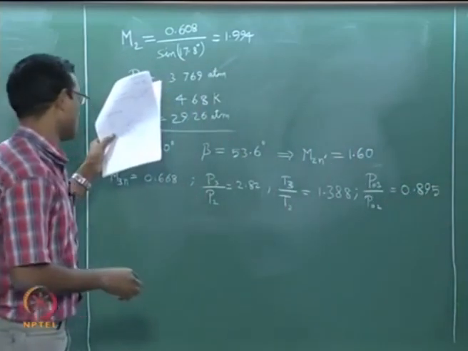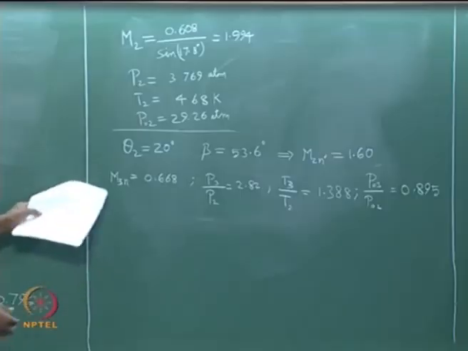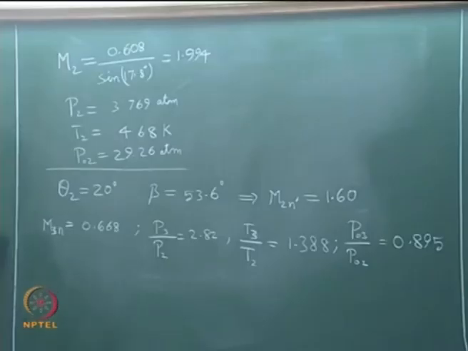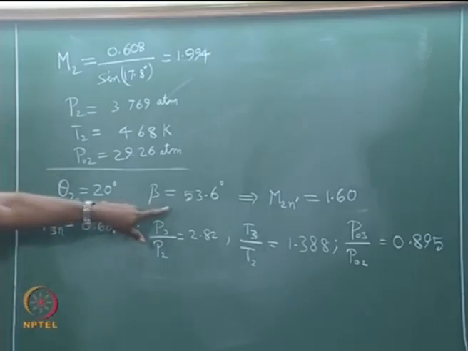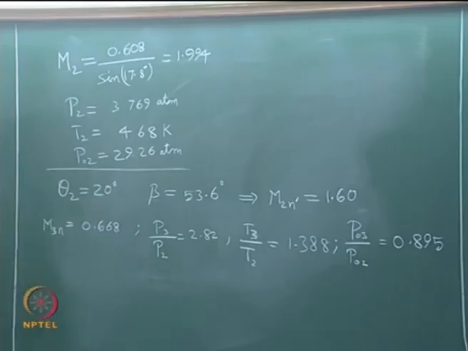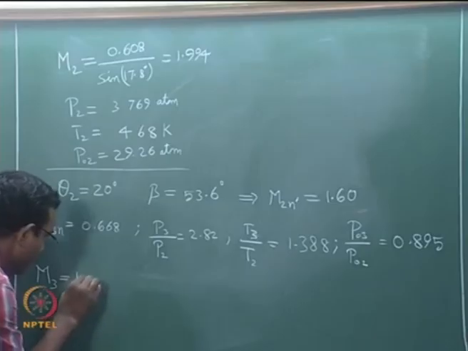I have all these numbers, okay, and from M3 normal I can immediately get to my M3 value by dividing by sine of beta minus theta. Okay, that is 33.6 sine. I will divide this 0.668 by sine of 33.6. I have done that, and that number comes out to be 1.207.